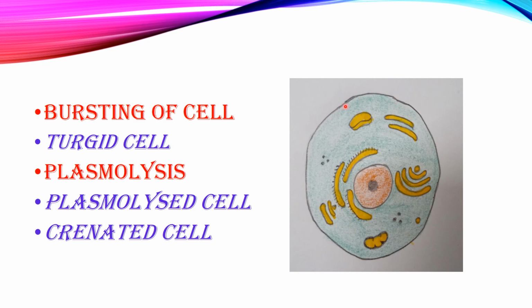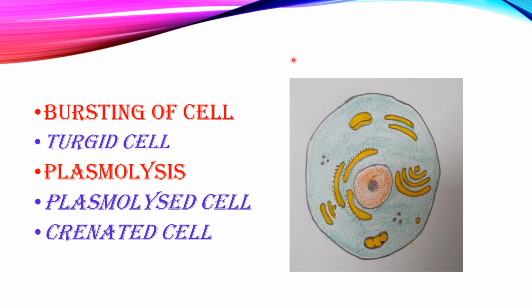As a pressure is developed inside the cell, that is known as turgor pressure, and the cell is known as a turgid cell, and there is a cell wall outside the cell membrane, plasma membrane, that will stop it from bursting. Then what will happen? The cell wall will put the same pressure in the opposite direction to the cell membrane, and the cell is known as a turgid cell.